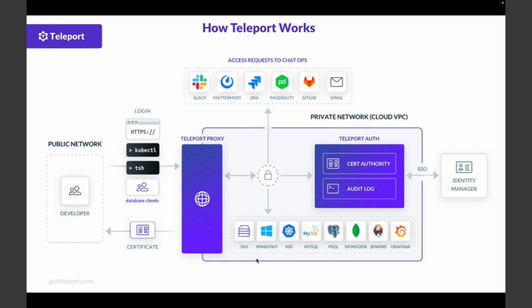And then the last part, of course, of a Teleport cluster are the compute resources that you'd be accessing within your organization. So SSH servers, Windows desktops or servers, Kubernetes clusters, databases, as well as internal applications.